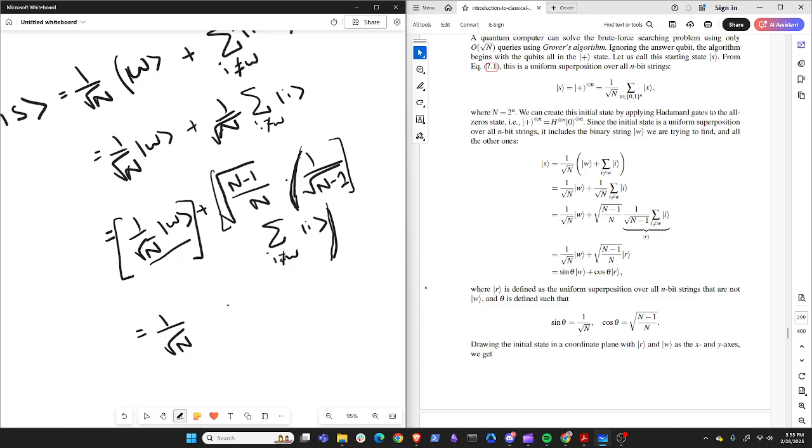We can take this and make it its own thing to simplify the notation. And so we wind up with 1 over square root of n W plus square root of n minus 1 over n R.